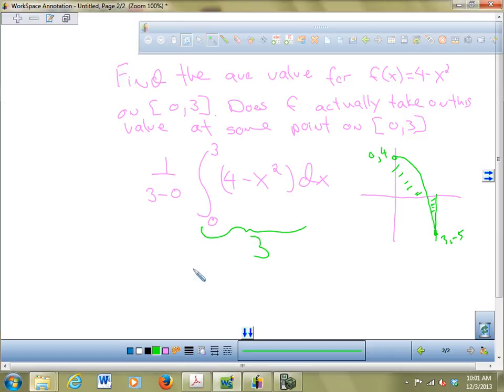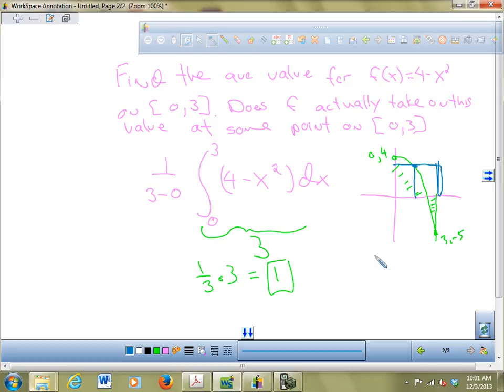So my average value is going to be 1 over 3 times 3, which is equal to 1. Okay? And what does that represent? It represents, if I were to draw a rectangle with a height of 1 and a width of 3, this area is equal to this piece minus this piece.